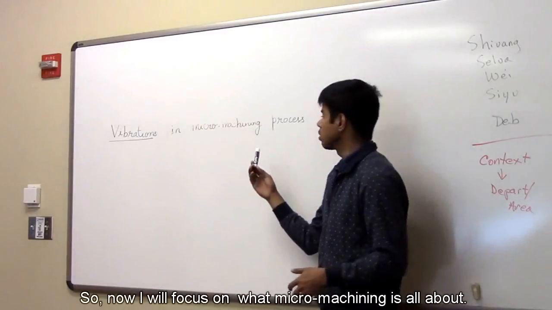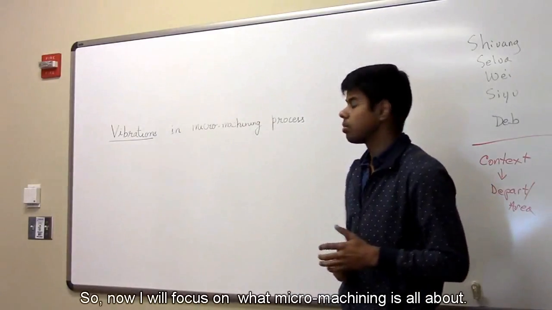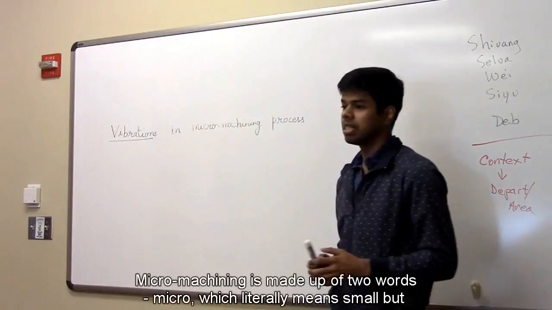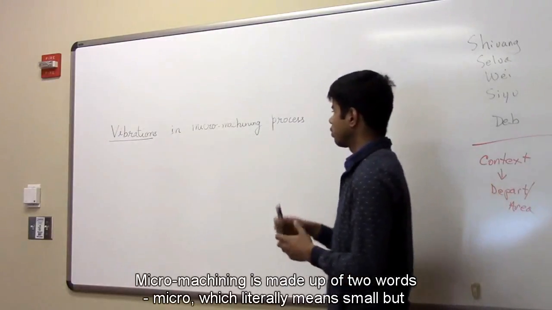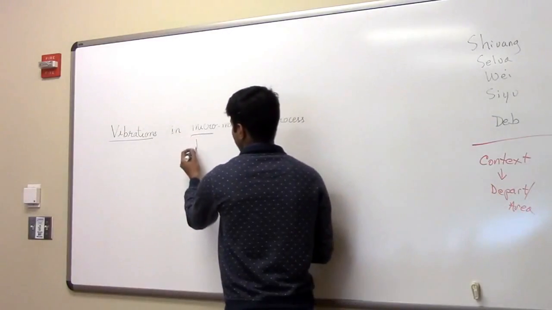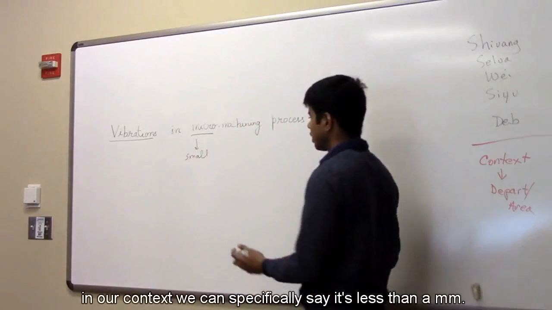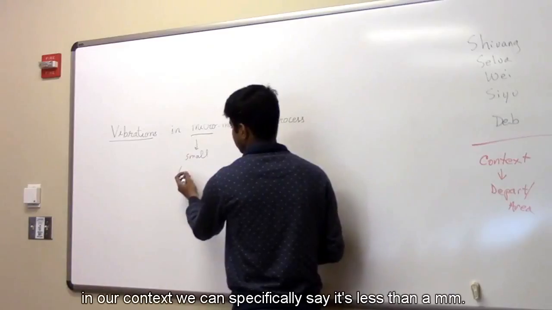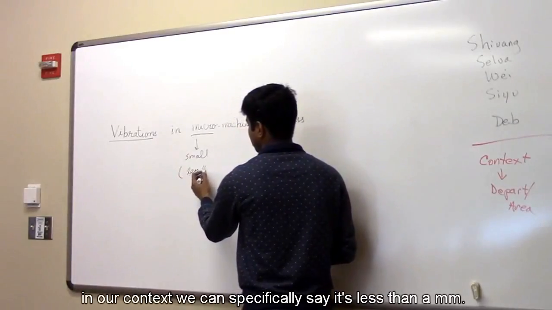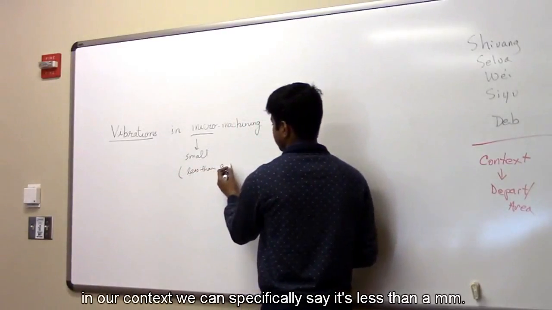Now I'll focus on what micro-machining is all about. Micro-machining is made up of two words. Micro, which literally means small, but in our context we can specifically say it's less than a millimeter.